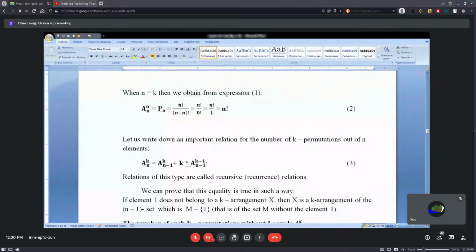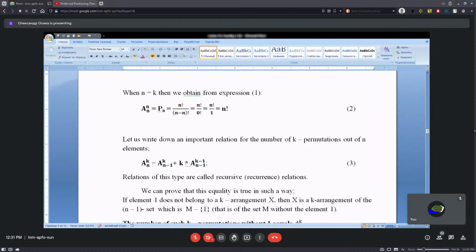Let us write down an important relation for the number of k permutations out of n elements. So A sub n high k, the number of k permutations of n, is equal to the number of k permutations of n minus 1 elements plus the number of k minus 1 permutations made of n minus 1 elements, and this number multiplied by k.